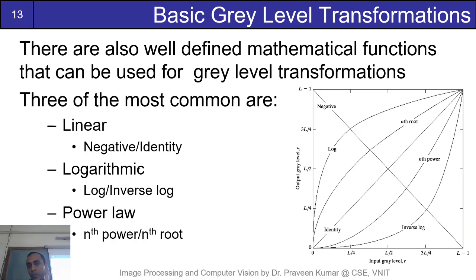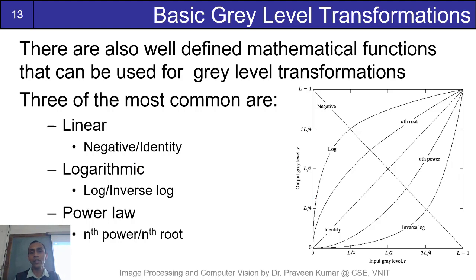But let us say we don't want to do that. We just want to use some simple transformation. So we can use some simple mathematical functions like log and power functions, and that also can help us to transform our images appropriately.